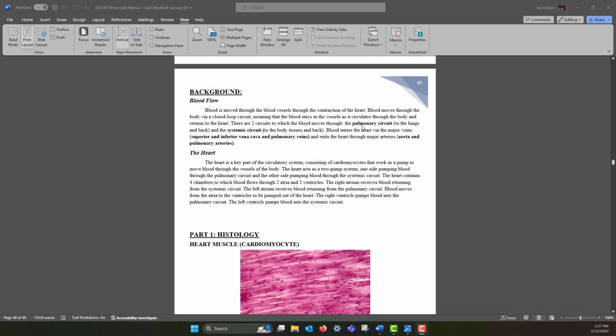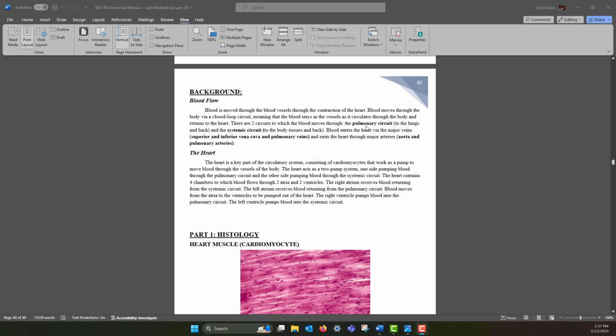There's the pulmonary circuit, which takes blood from the right side of the heart to the lungs and back to the left side of the heart. And there is the systemic circuit, which takes blood from the left side of the heart to all the tissues throughout the body and then back to the right side of the heart.